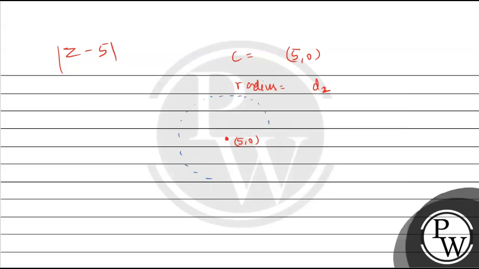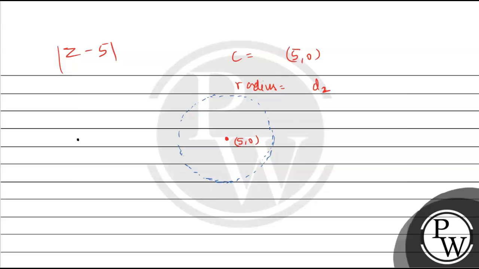We don't know d2, but we will assume some value so that we can minimize our summation. So one circle has center 5 comma 0, and the other circle has center at origin.